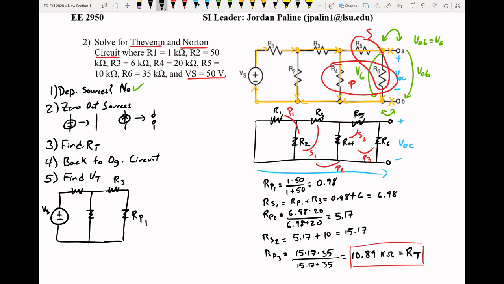Yep, that'll be R3. This will be R2. This will be R1. All right.